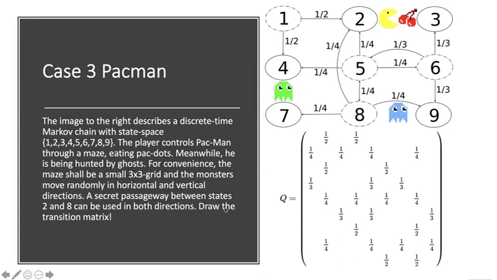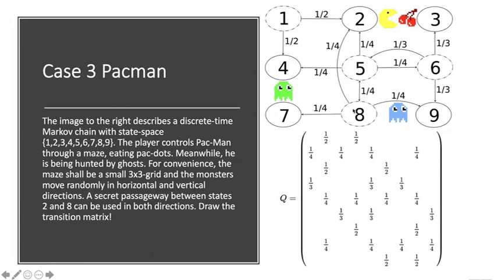Okay, so draw the transition matrix. Please take a look here. There is an arrow from 1 to 2. It means that from 1 to 2, the probability is half, 1 over 2, right? From 1 to 4, it's also 1 over 2.